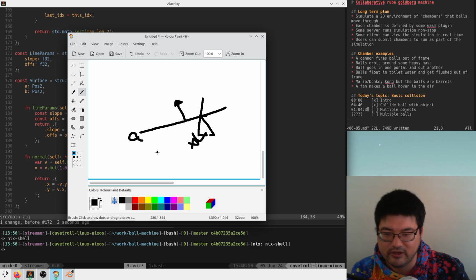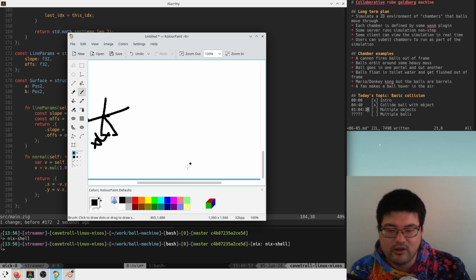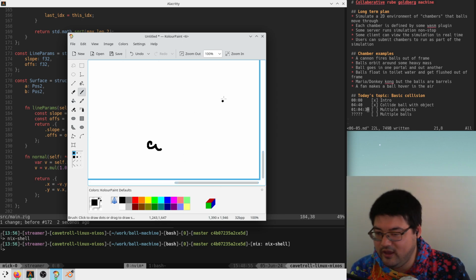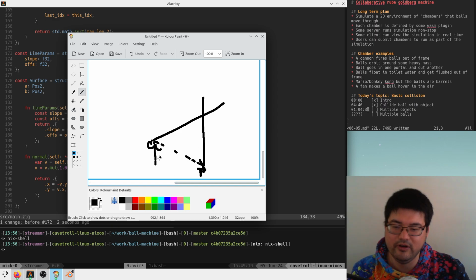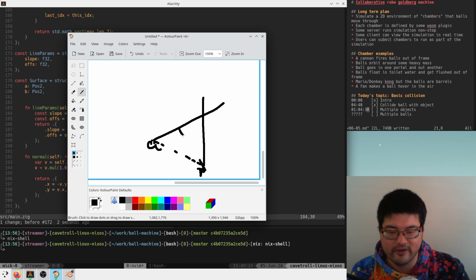Well, let's draw it a little differently. You're saying A, let's just draw this here, and P. You're saying that you have dot normal over P minus A. So this is P minus A. And so if you project this onto the normal, you get this distance.